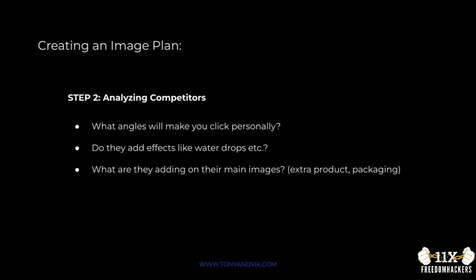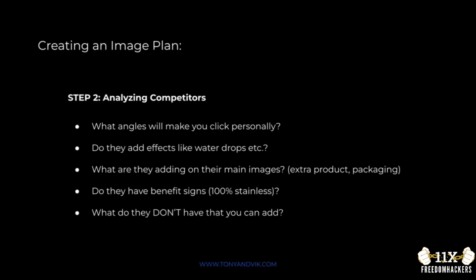How does that small, tiny thumbnail image look compared to all the competitors? So do they have these benefit signs, for example, 100% stainless, or what don't they have that we can actually add there, right? Then step number 3 is creating a better main image.